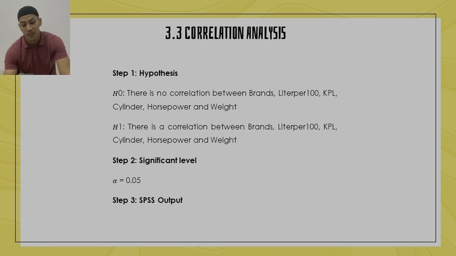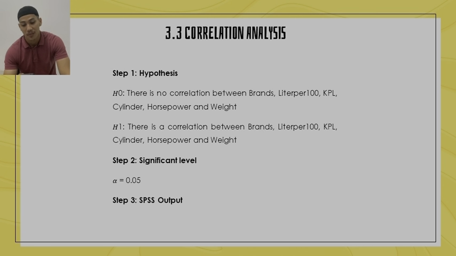In statistics, the word correlation refers to the relationship between two variables. A relationship exists when change in one variable is accompanied by a consistent and predictable change in the other variable.